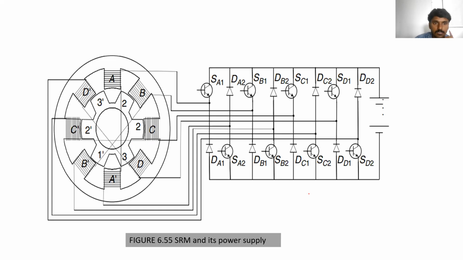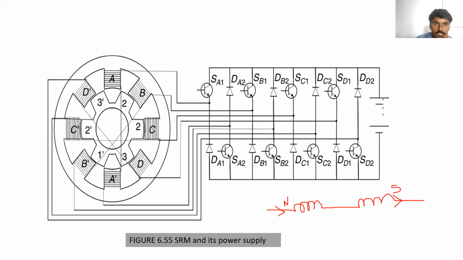So what we can say is, the current enters through this coil and exits through this coil. When the current is entering through this coil, it will form a north pole, and where current is exiting through this coil, it will form a south pole. These two coils are connected in series.